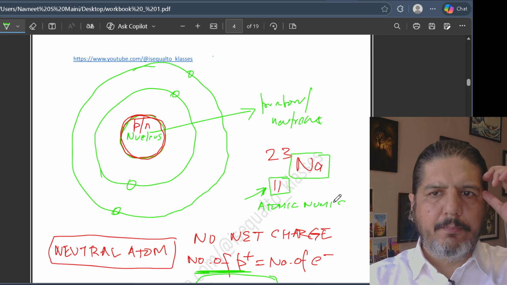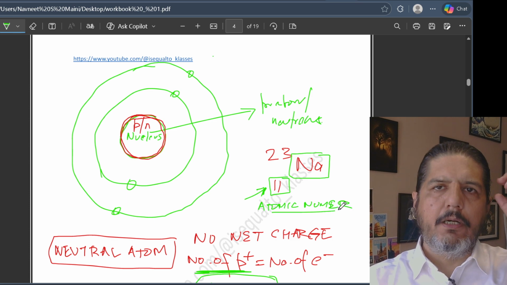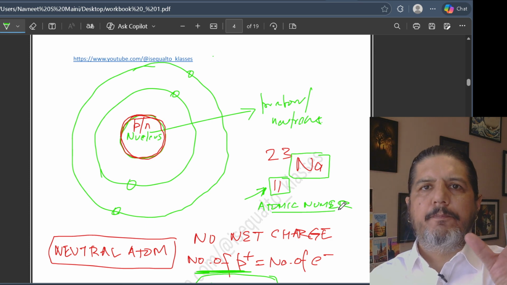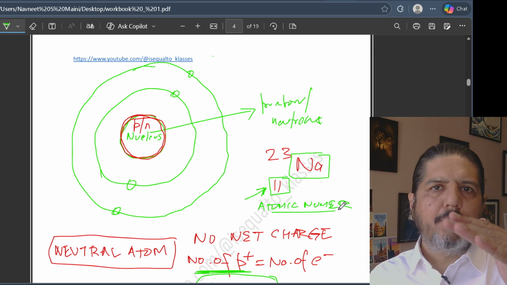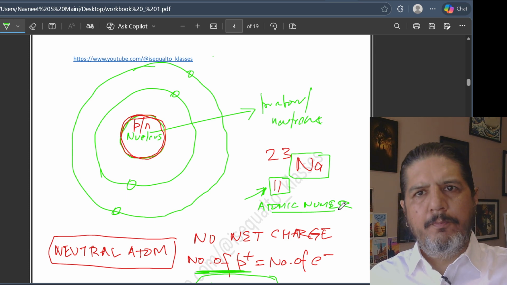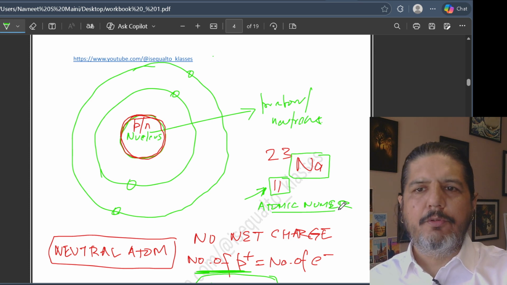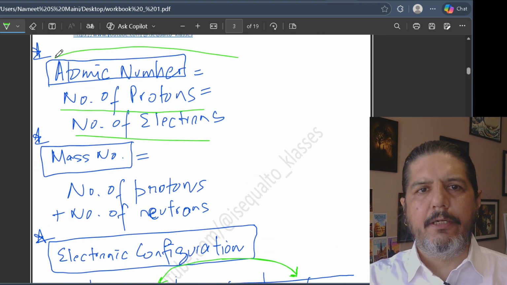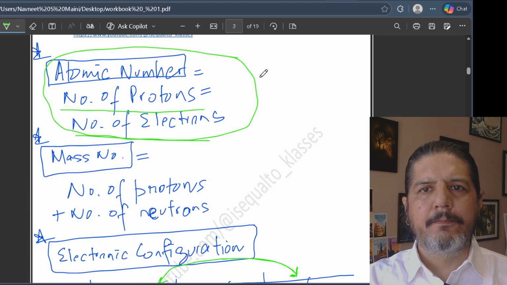So, what is atomic number? Atomic number is the number of protons in an atom, and because an atom is neutral, the number of protons is equal to the number of electrons is equal to the atomic number. This is what is mentioned here. Please understand this. This is very important.